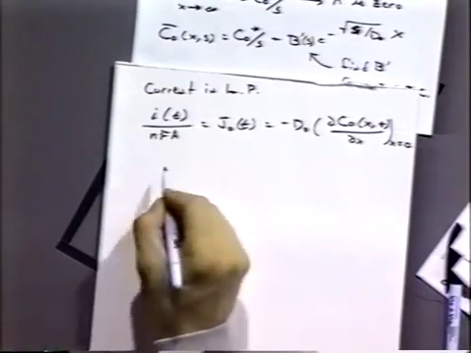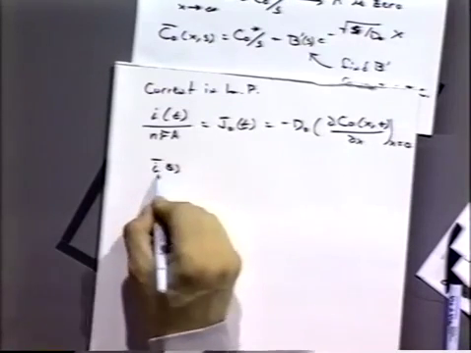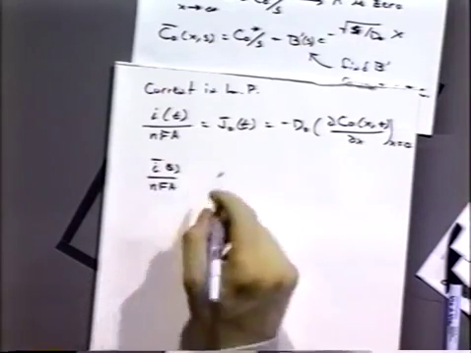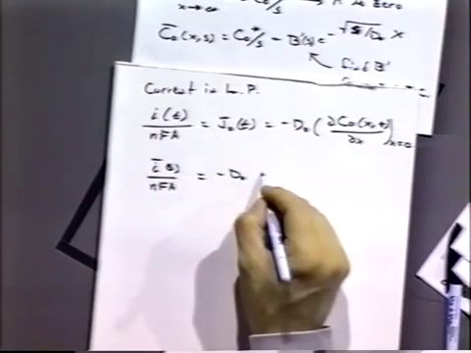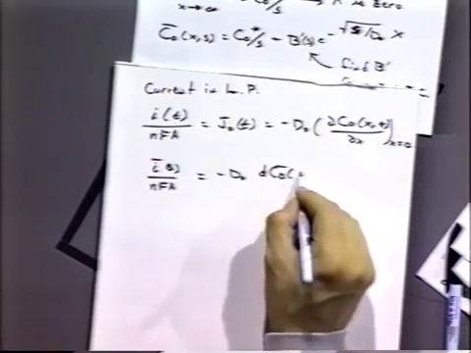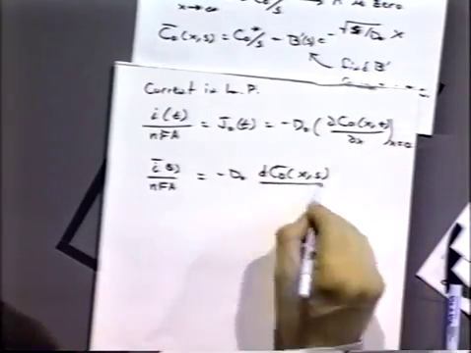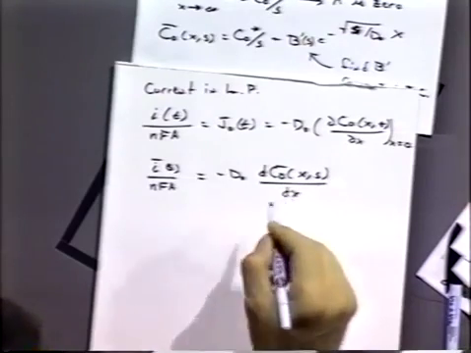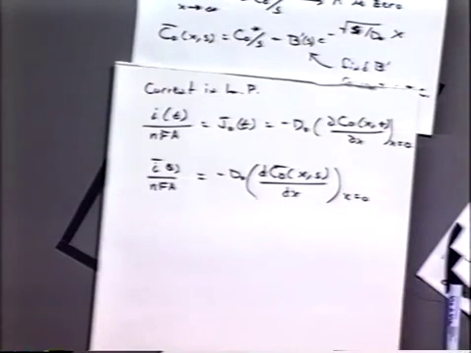So we can Laplace this, and we find that I bar of s over nFA is equal to the Laplace transform of minus D O times d C O bar of x and s. Again, because the x is not a Laplace variable, you don't have to do anything fancy with that. It just passes into the Laplace space as a constant, essentially, and we get that result.